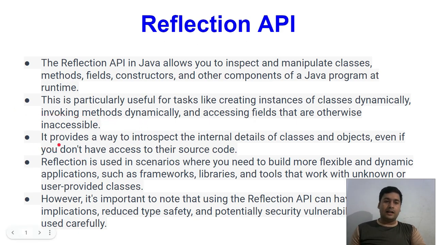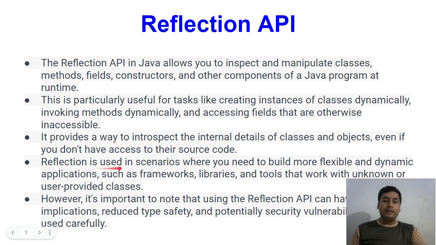Let's see the three points. It provides a way to introspect the internal details of classes and objects even if you don't have access to their source code. Even if you don't have access to the source code, you are able to read those classes, interfaces, methods, everything.